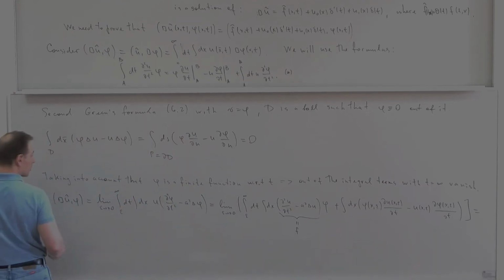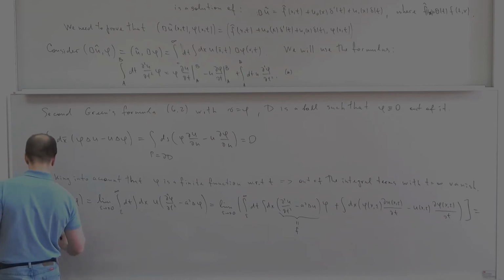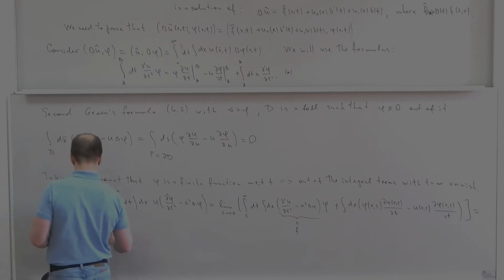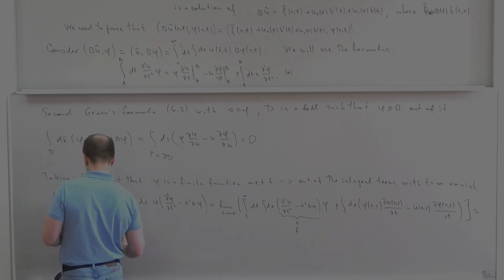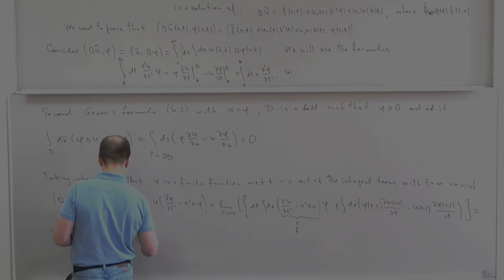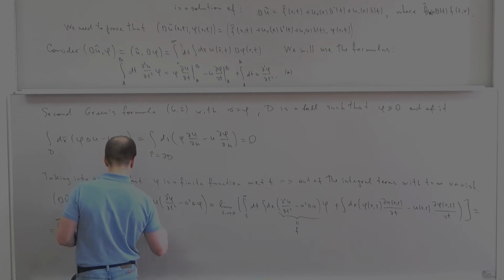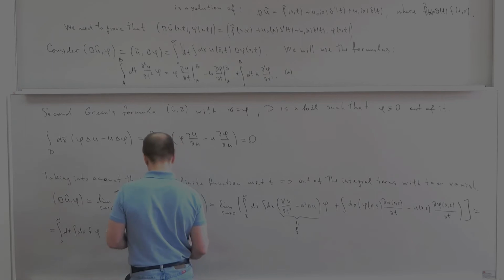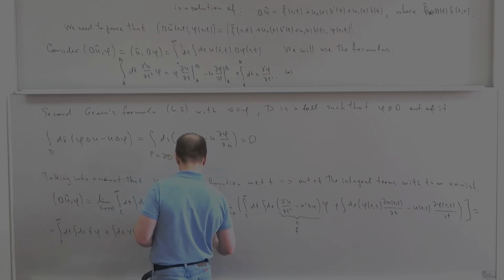So then we can rewrite it in the formal form. This is U1 by definition. This is U0.